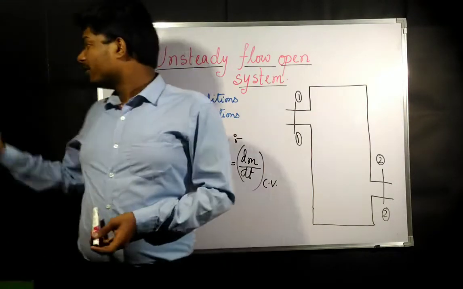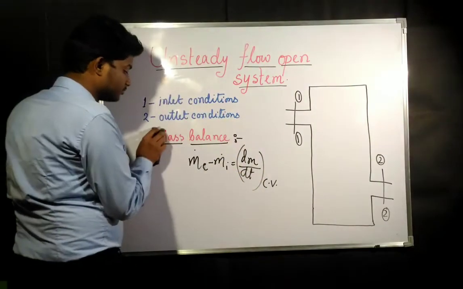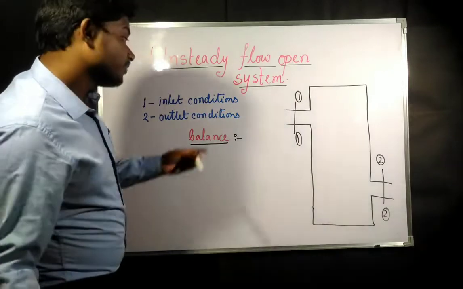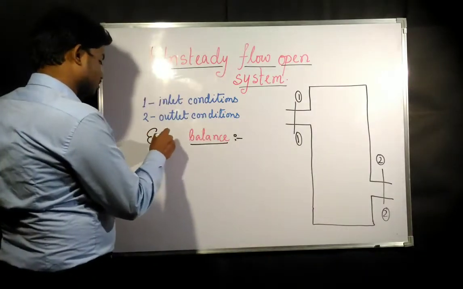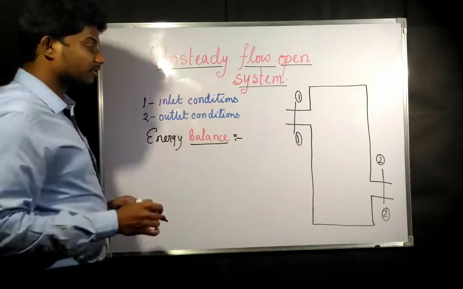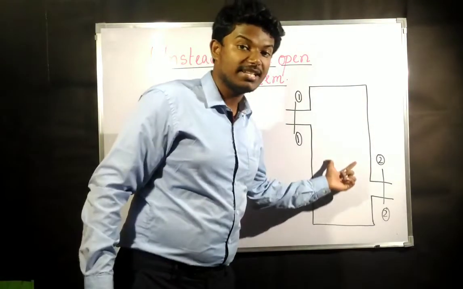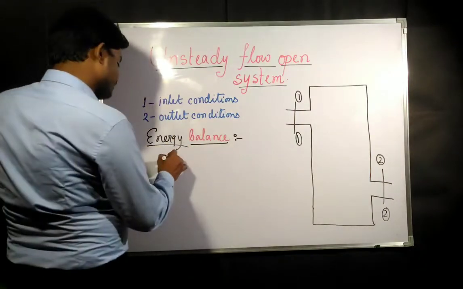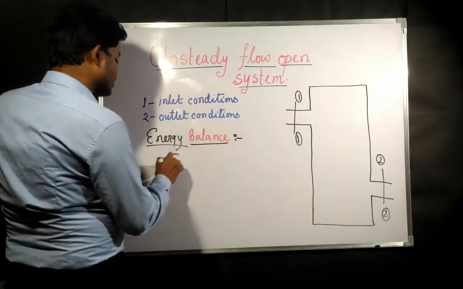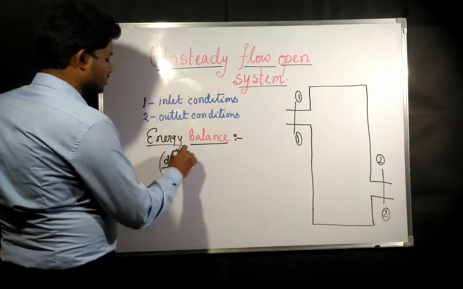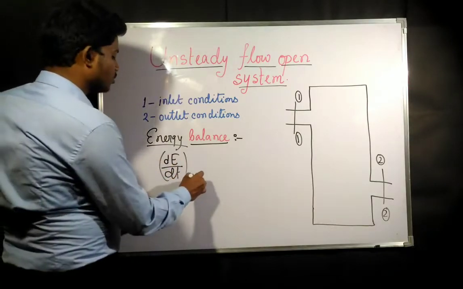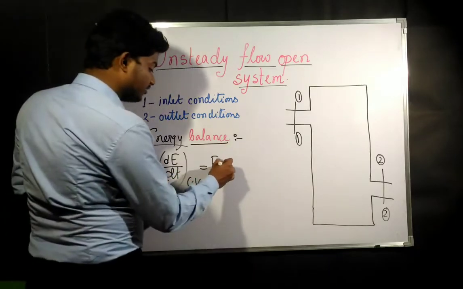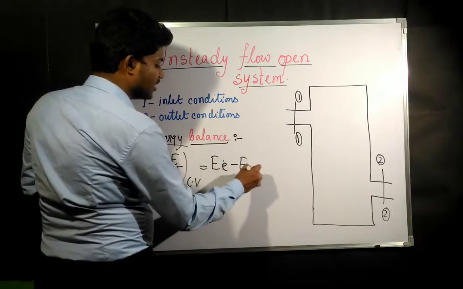Now in case of energy balance, what will happen? If you write the energy balance also, there will be some energy accumulation inside the system. That is, suppose the change of energy with respect to time for the control volume is going to be equal to energy at exit minus energy at inlet.